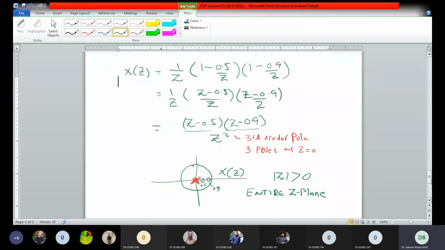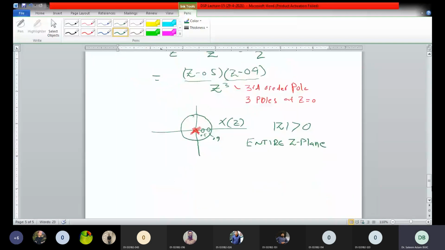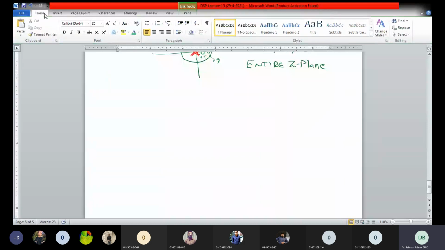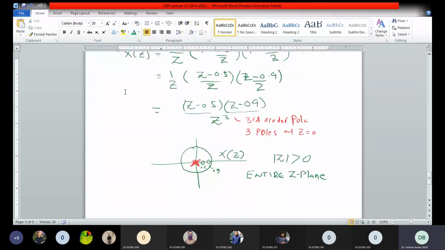Let me emphasize one more point. Although I explained it earlier in the very first lecture, the relationship between Z transform and Fourier transform, let me reiterate this concept again because this is the base of your chapter number 5.